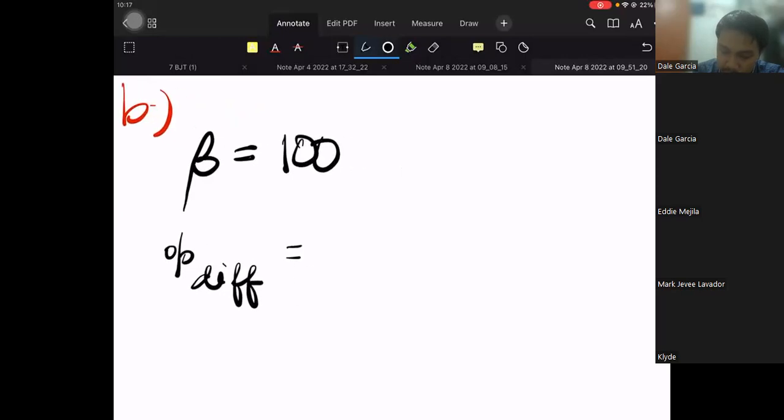So how will we solve for percent difference? It's the percent difference formula.